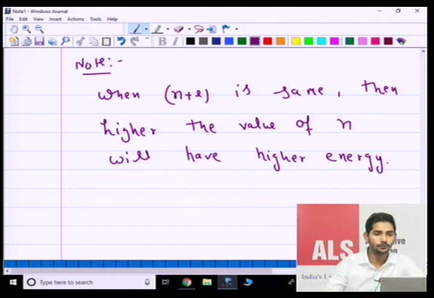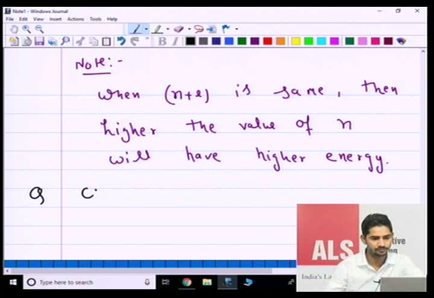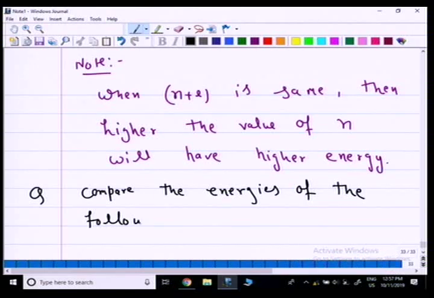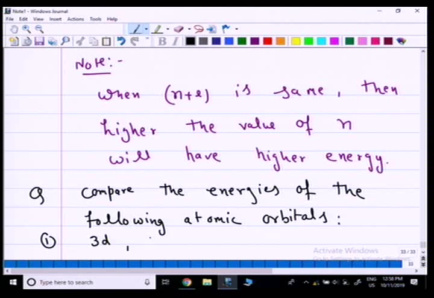Okay, so guys, I'm giving you a few questions. You have to compare the energies of the following atomic orbitals. First is 3d, 4s.